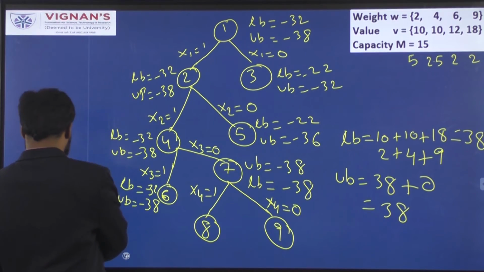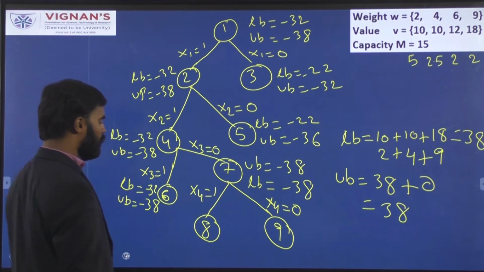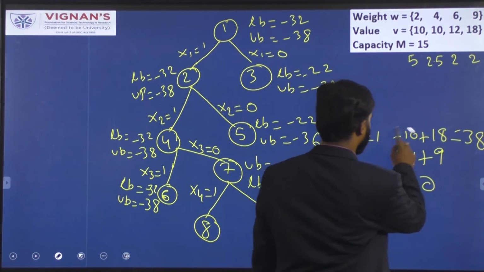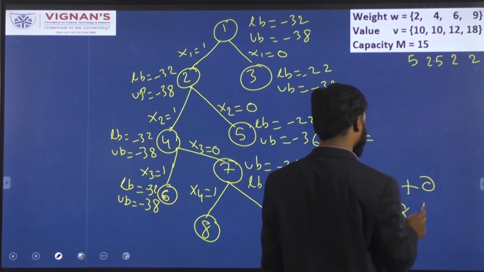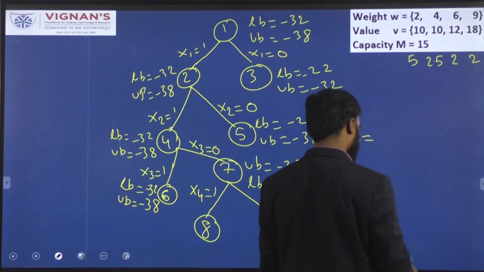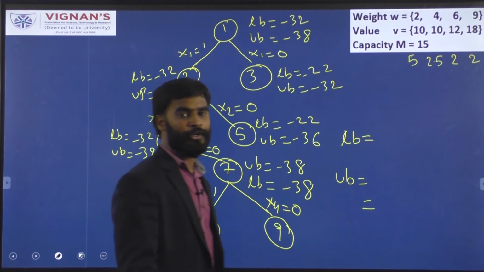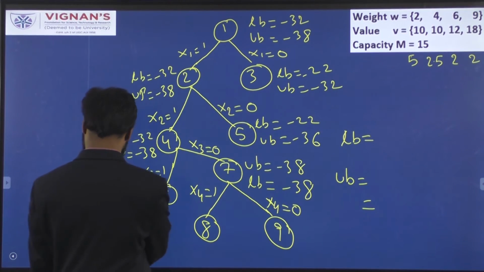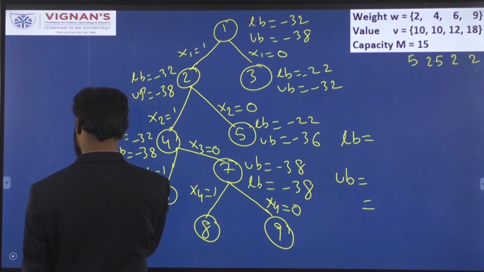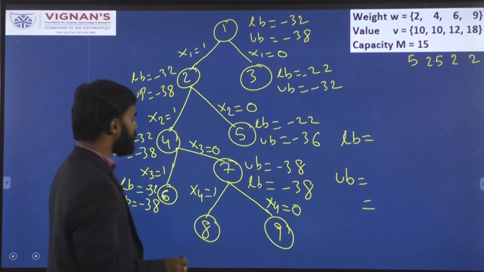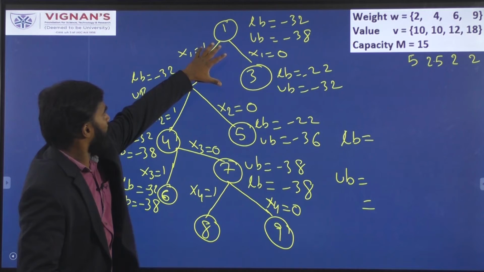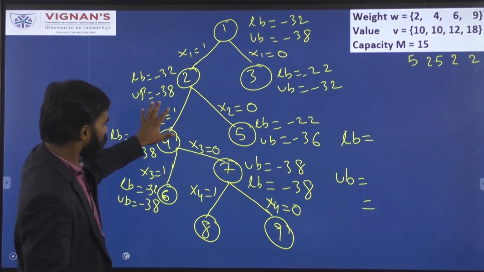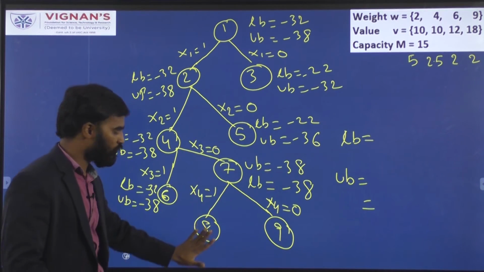Let us calculate the lower bound and upper bound for node 8 and node 9. What is the lower bound and upper bound if we include item 4, and what if we don't include item 4? See the path here. The path for 8 is include 1, include 2, don't include 3, but include 4.